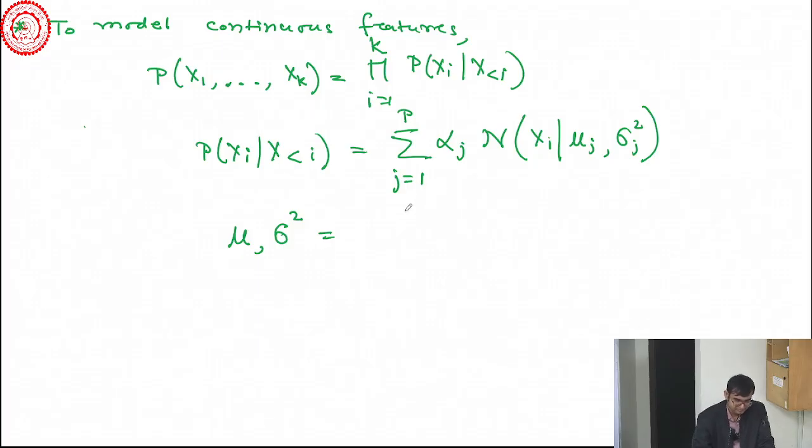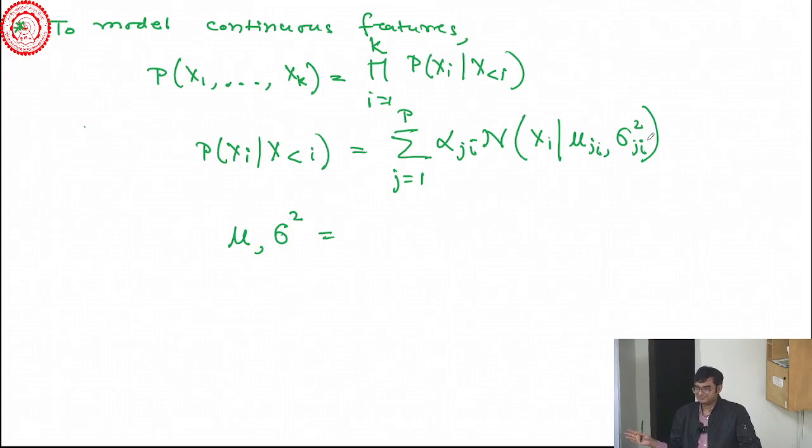In fact, I should write it as alpha ji, mu ji, sigma ji, right? Otherwise it is confusing. They are not the same. So mu ji, alpha j and sigma j. And now mu j and sigma j are vectors, right? Because that is mu j or mu i.